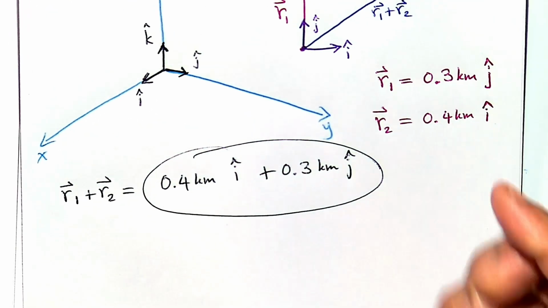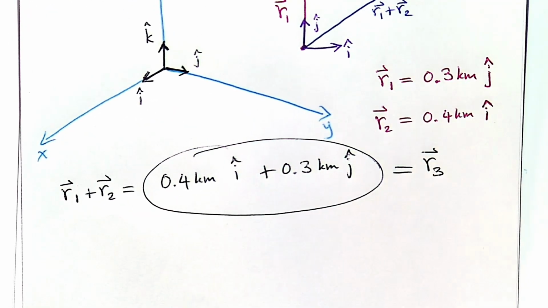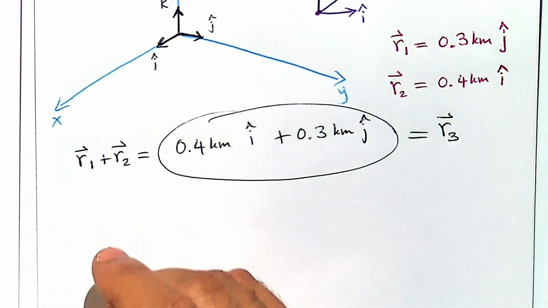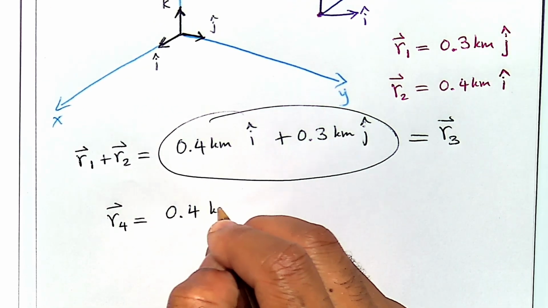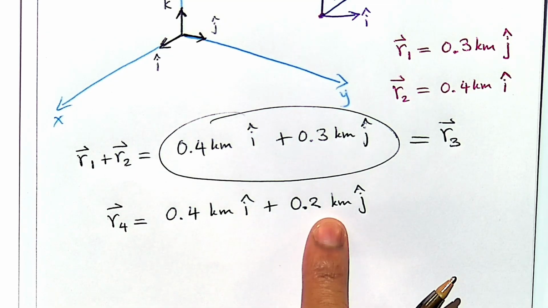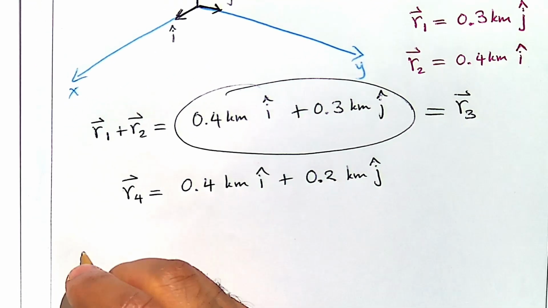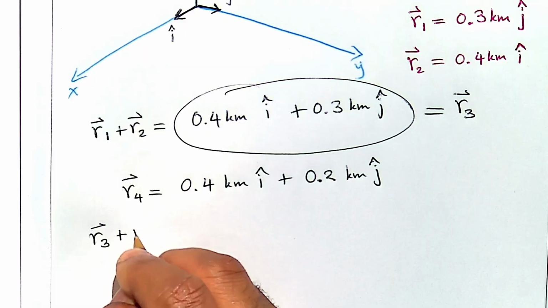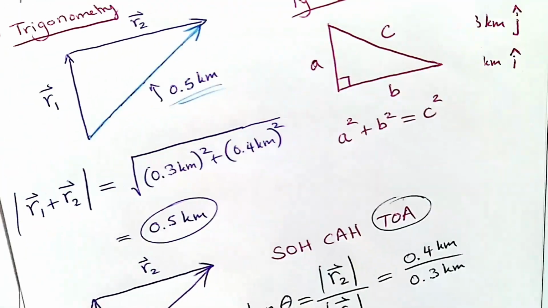Now, let's just say that this is now, we're going to call this R3. Our result we're going to call R3. And what if there's another vector that I give you, R4, 0.4 kilometers i hat plus 0.2 kilometers j hat, and I say, okay, I want you to find R3 plus R4. Now, in the trig way of doing things, you'll have to draw another picture.